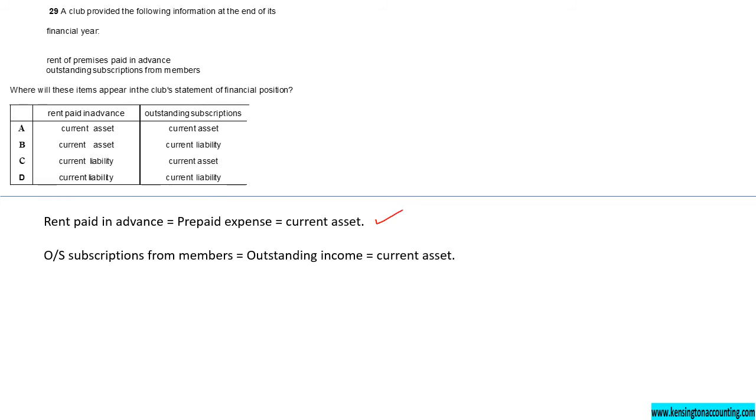Outstanding subscription from members means subscription owed to the business, also known as outstanding income. Because these are subscriptions which are owed by members to the club, it is also a current asset. It is a current asset because this money is due soon and within the next 12 months. Therefore, both items are current assets. Therefore, the answer is A.